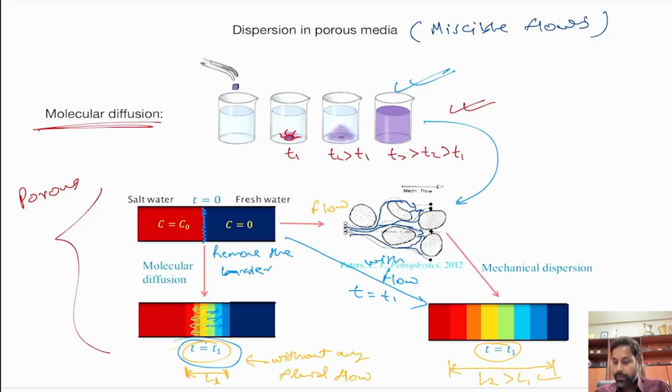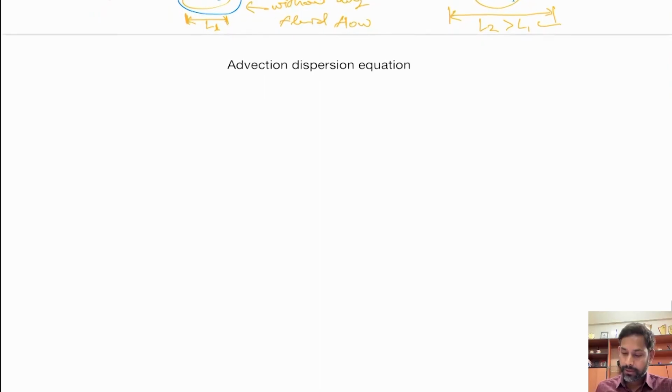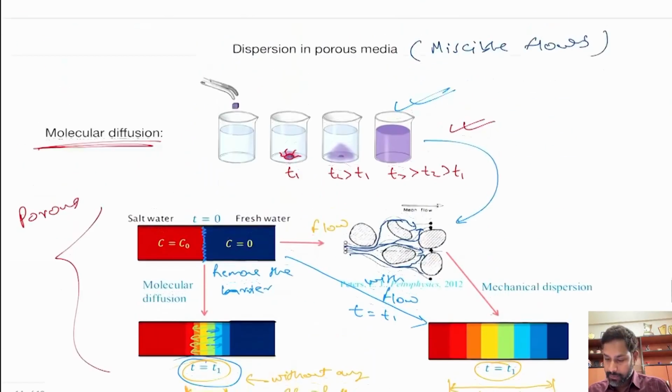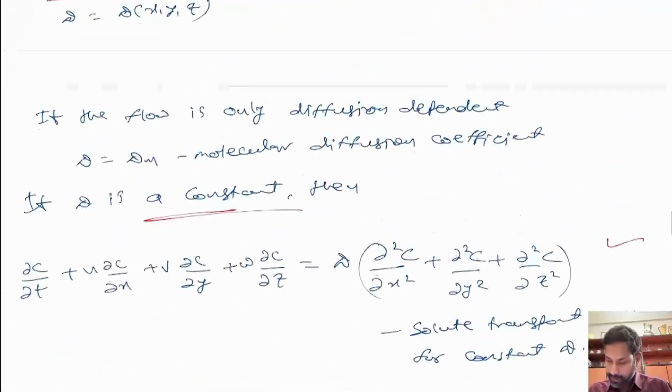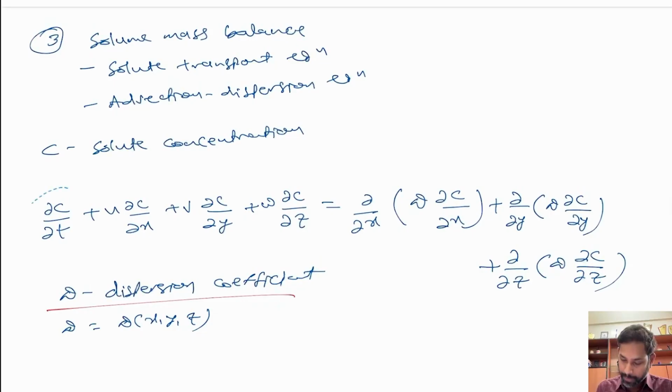Okay, so this thing that we see here, the effects of molecular diffusion and mechanical dispersion are actually quantified in terms of a parameter called the dispersion coefficient, and that is something we already have seen when we saw the advection dispersion equation in the last lecture, and I am going to simply copy the equation from here.